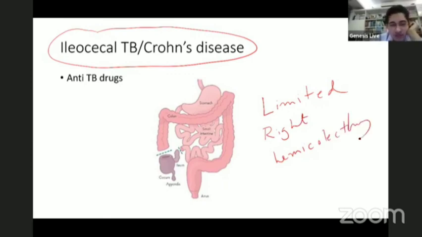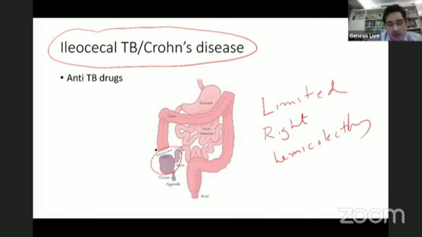We do not need to achieve the oncological clearance. Just the diseased part has to be removed. So this is the part we remove, and then we anastomose the ileum, maybe with the ascending colon. So that's what we do, ileocecal TB.